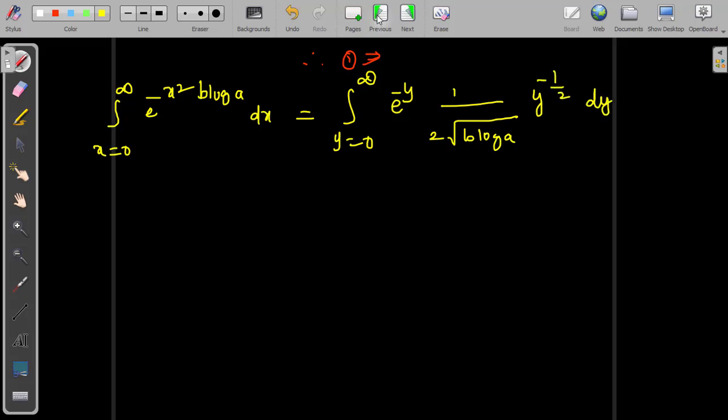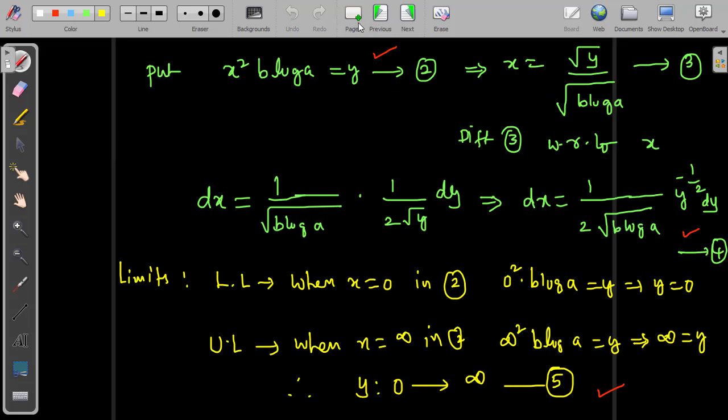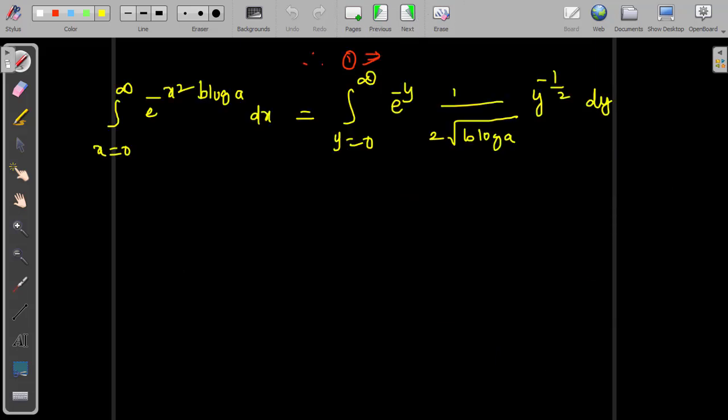That's my dx, from equation 4. The factor 1 by 2 times root of b times log a is a constant, so it goes outside.